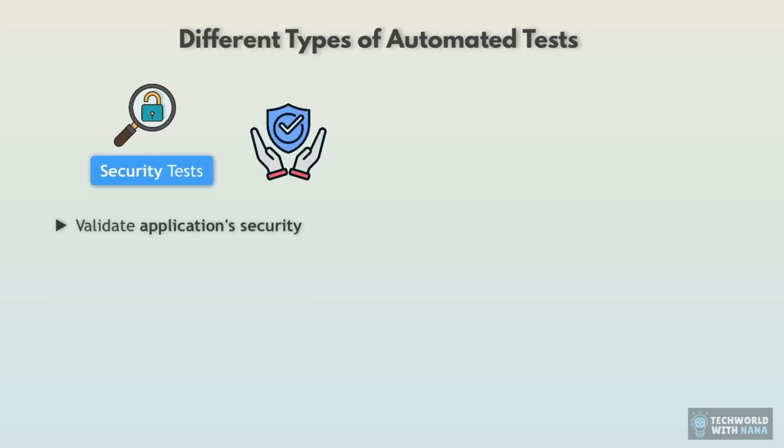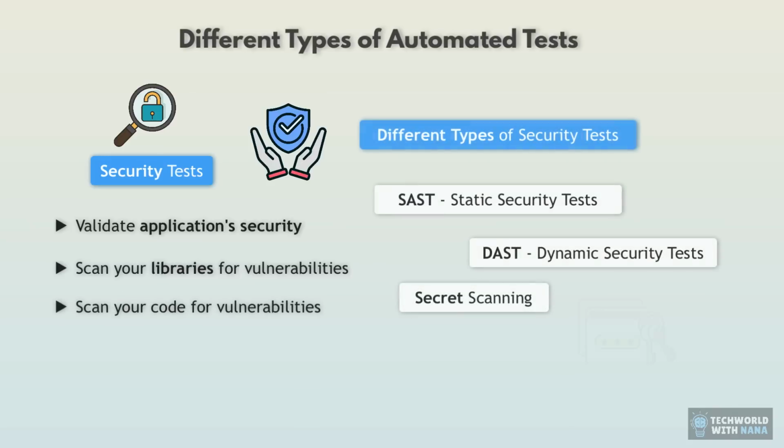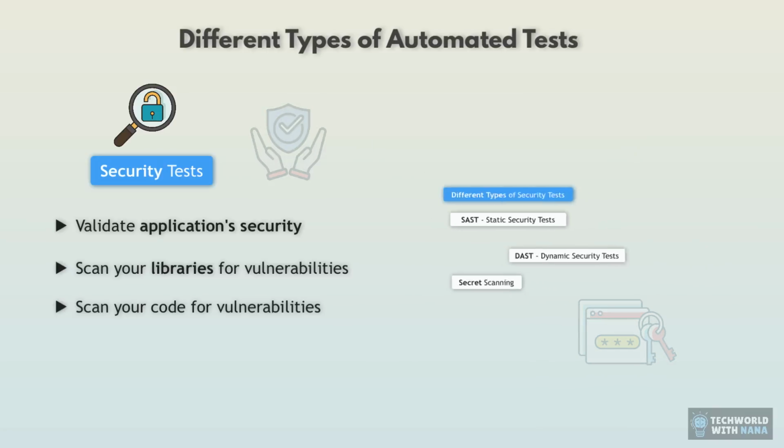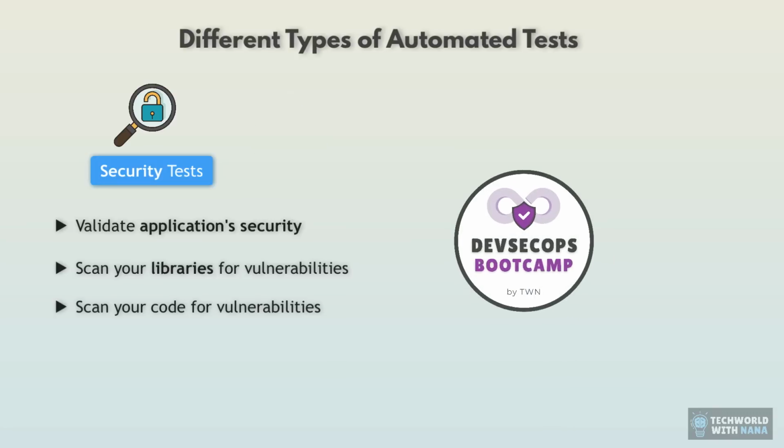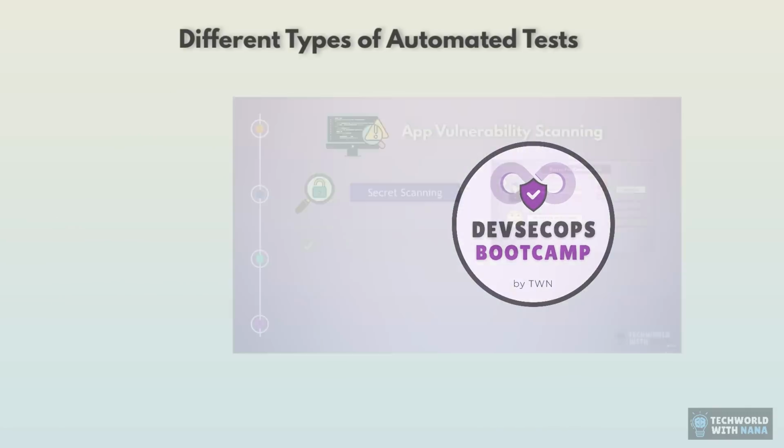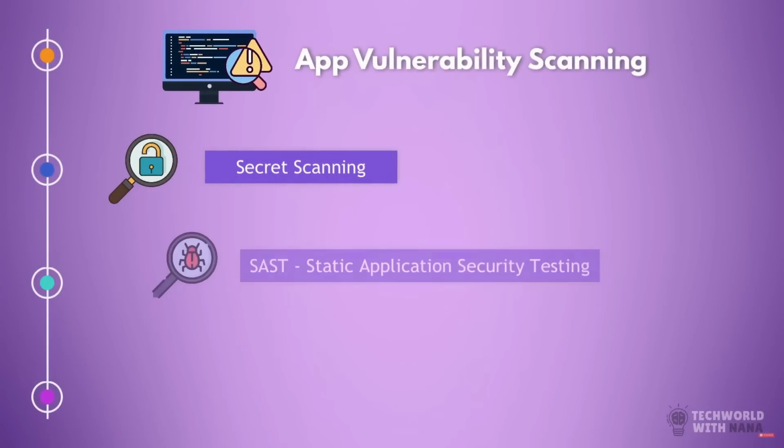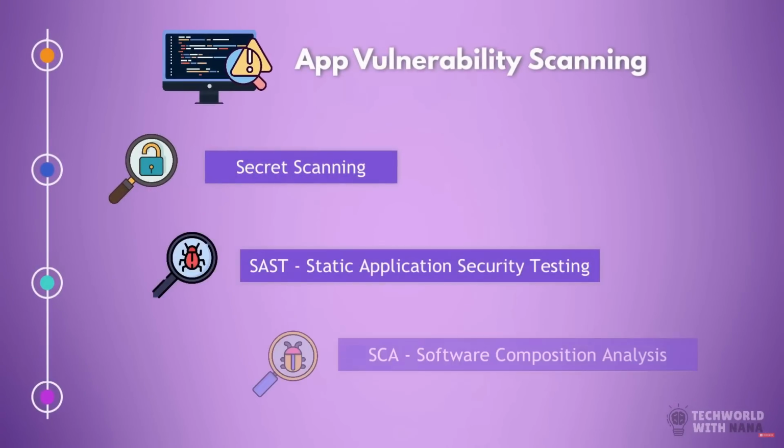You may have security tests to scan all your dependencies and libraries for known issues or scan your code for any hard-coded secret data or any security best practices in logic, which you actually learn in our DevSecOps bootcamp, where we go into detail how to test various security aspects of your application, from code to Docker image, etc.